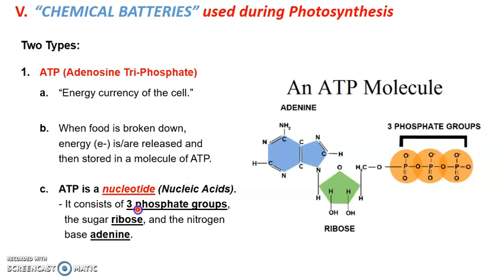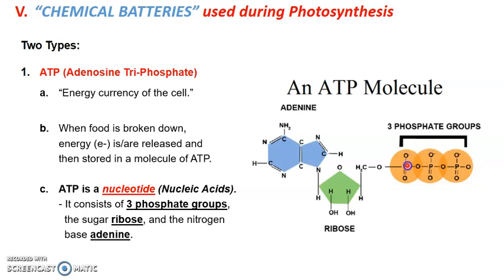And then the third component, which is the most important, are the 3 phosphate groups that are attached to the ribose sugar. So the phosphates are always attached to the sugar ribose, not to the nitrogen-containing base adenine. I'm going to number these for you right now, so I want you to remember what the numbers are. There's 3 of them. We're not going to name number 1 on the far outside of the molecule.